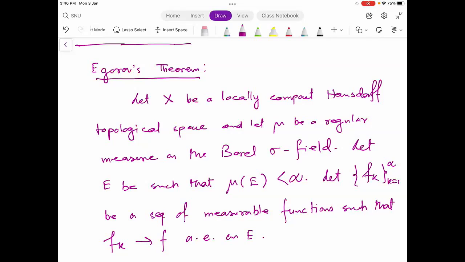And mind you, the hypothesis is just that Fk converges almost everywhere, which is even weaker than pointwise convergence. It says that there is a null set on which you don't know what happens.